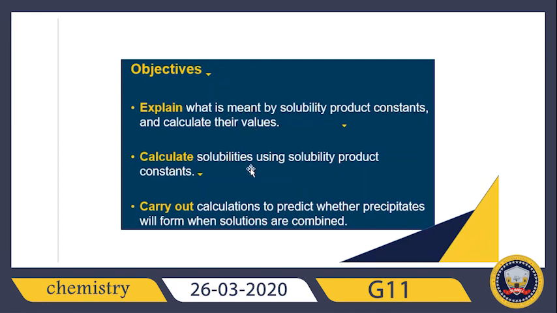Number 2, calculate solubilities using solubility product constants and carry out calculations to predict whether precipitates will form when solutions are combined. So today inshallah we will start with the first point. We will explain the meaning of solubility product constants, and we will know inshallah how to calculate their values.